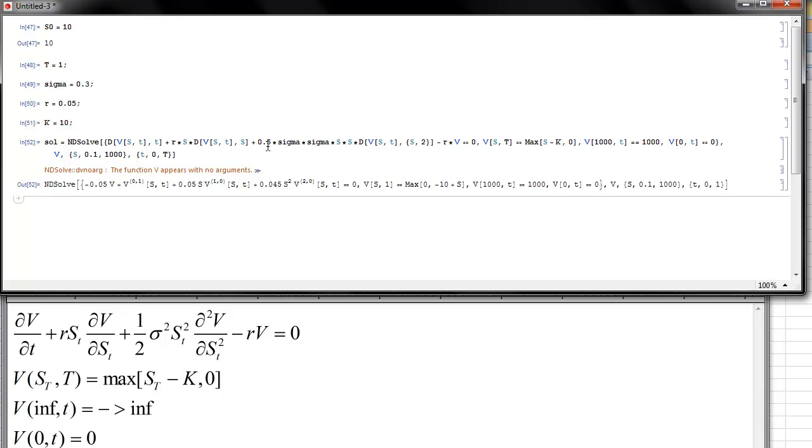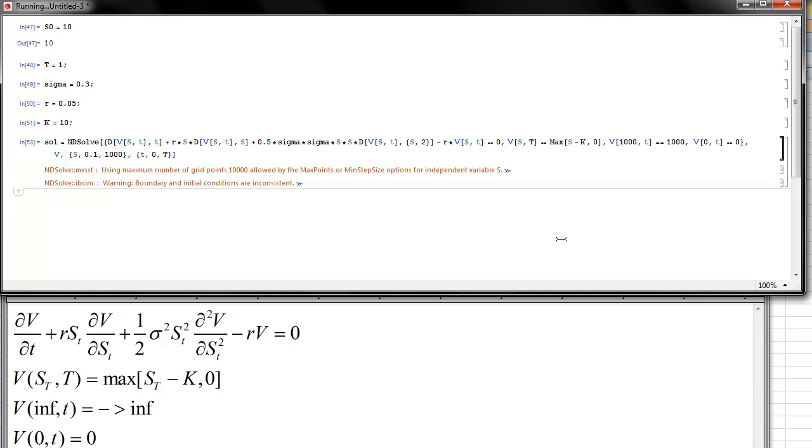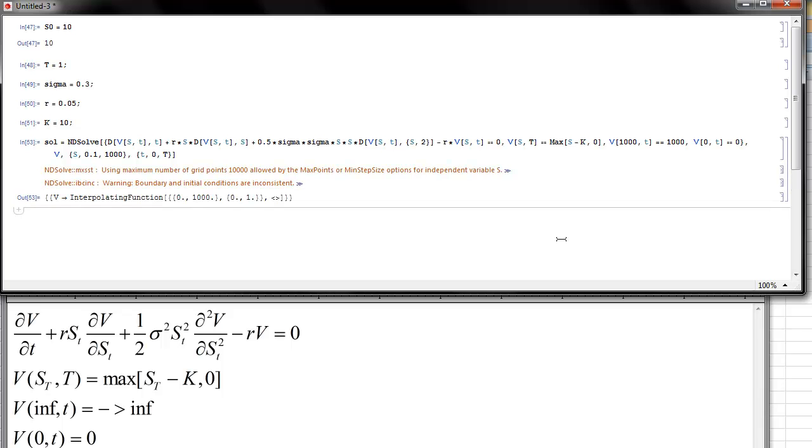Here we also have the arguments. I get it. Over here is missing S, T. Okay, so another try. Boundary and the initial conditions are inconsistent. Oh, I don't care.